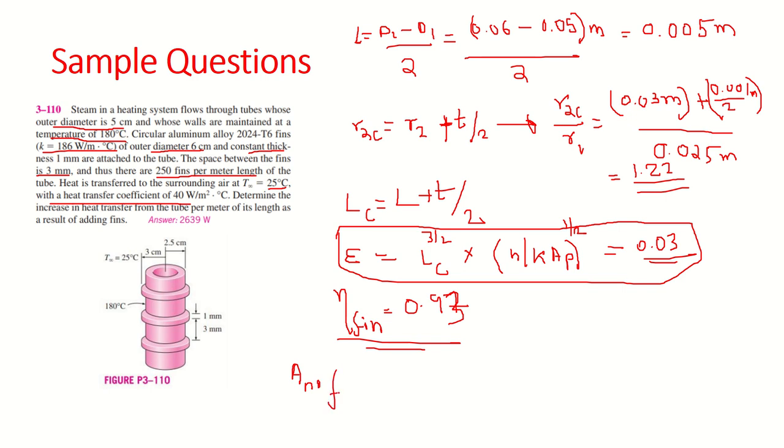Area of no fin is equal to pi d1, without the fin, over the length L. Our L is 1 meter, so it is 0.05 meter multiplied by pi multiplied by 1 meter. So you will get it as 0.1571 meter square.